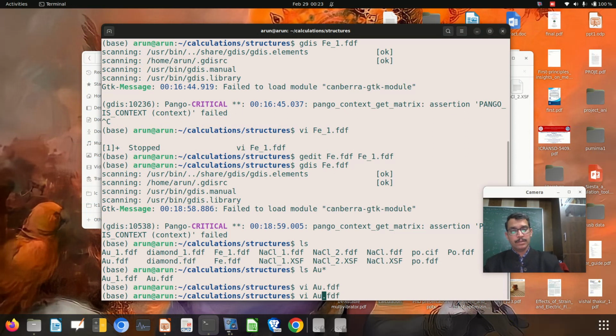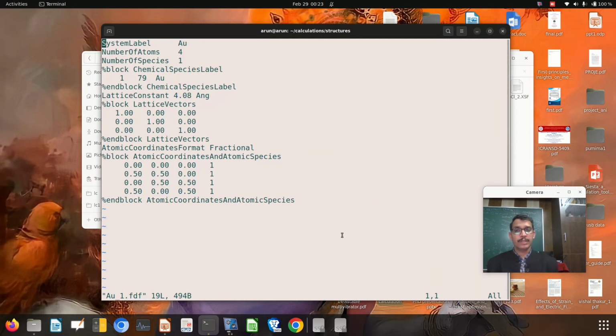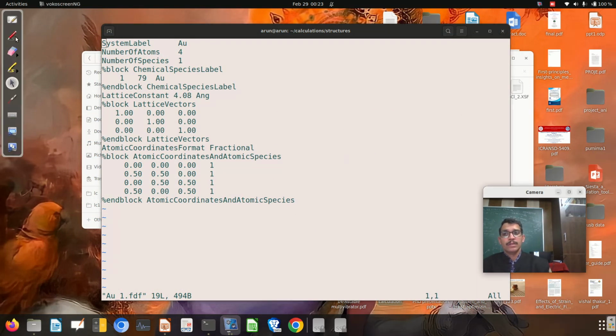See here what I have done. This is also in the simple cubic mode. These are the vectors corresponding to the simple cubic mode, but here I have taken 4 atoms per unit cell.